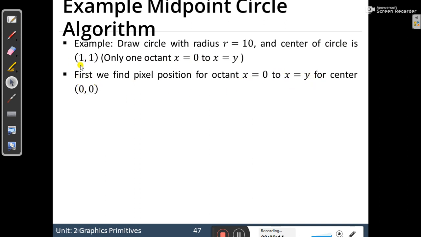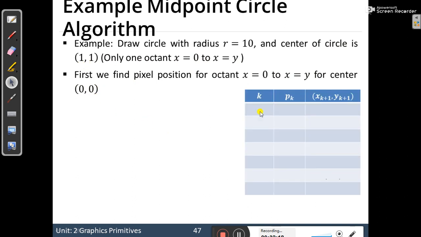Initially we are not going to try from 1, 1, we will try from 0, 0. So our value of p naught will be 1 minus r initially. That is 1 minus 10, r equal to 10. The 1 is the simple 5 by 4, so you can take this as approximately 1. So minus 9. We'll start from this position, p equal to minus 9, which is less than 0.